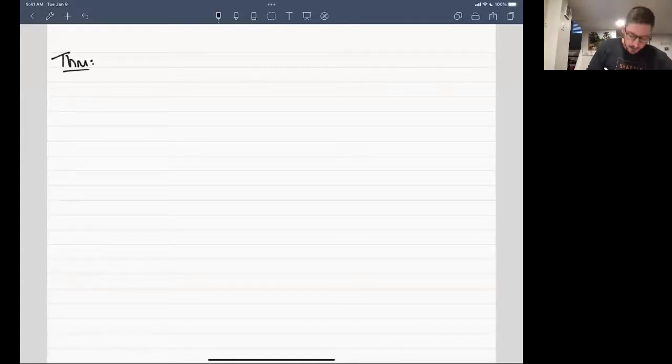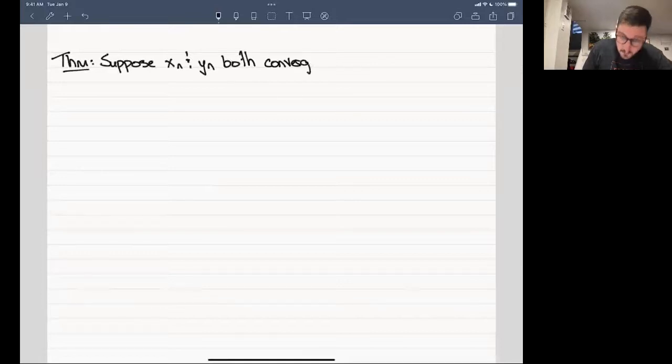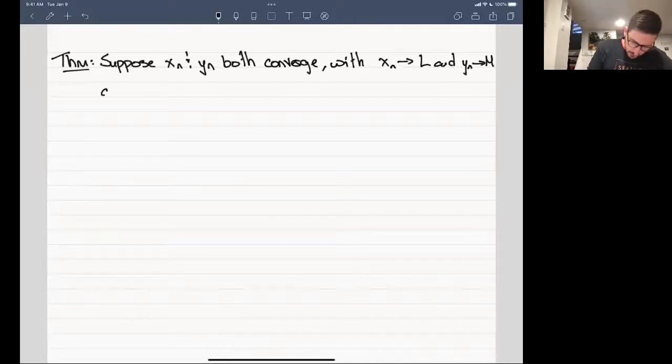So we're going to say, suppose xn and yn both converge, with xn going to L and yn going to M. This is as n goes to infinity, of course.